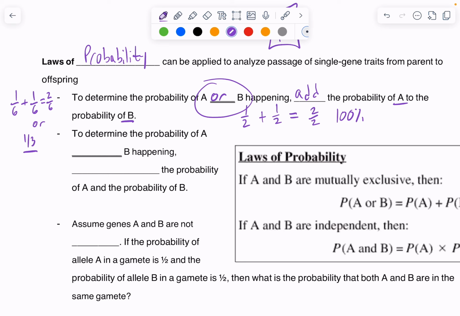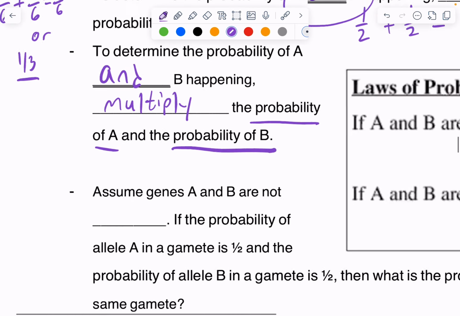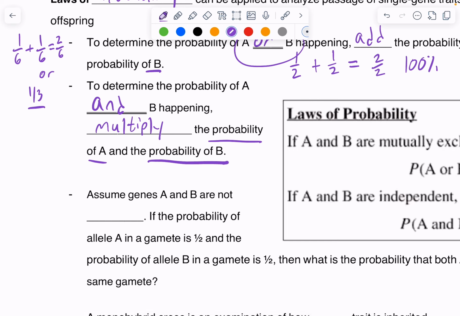All right, next, to determine the probability of A and B happening, you want to multiply the probability of A and the probability of B. So this is going to get you a smaller number. What's the probability that I roll a 5 and then a 6?